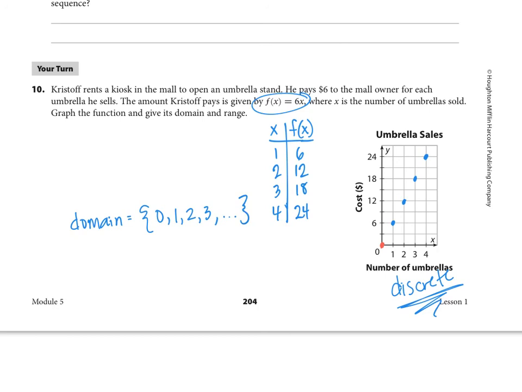It's probably realistic that he doesn't have an unlimited supply of these umbrellas. He probably has a certain amount, but we can put it going on, since he could have a lot to sell. And our range is going to be based on the domain. 0 umbrellas would be $0, 1 umbrella would be 6, 2 would be 12, 3 umbrellas would be 18, and so on. And that would be my range.